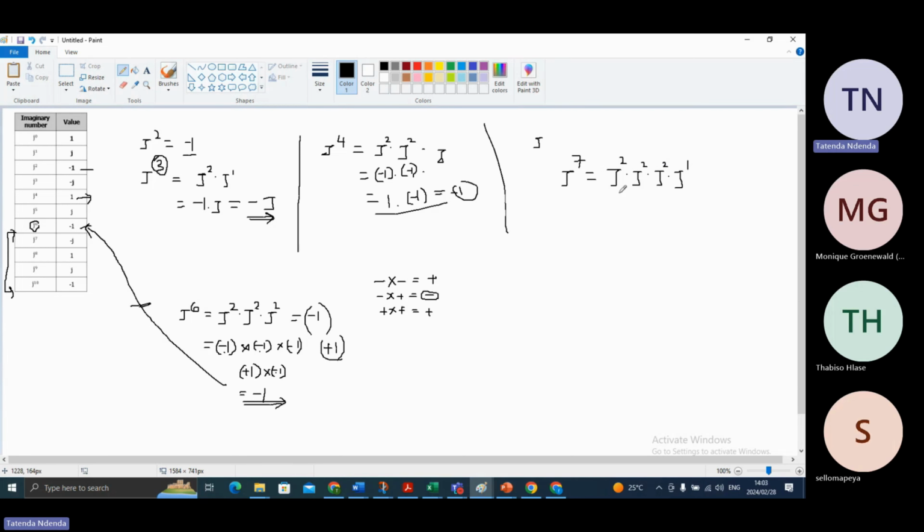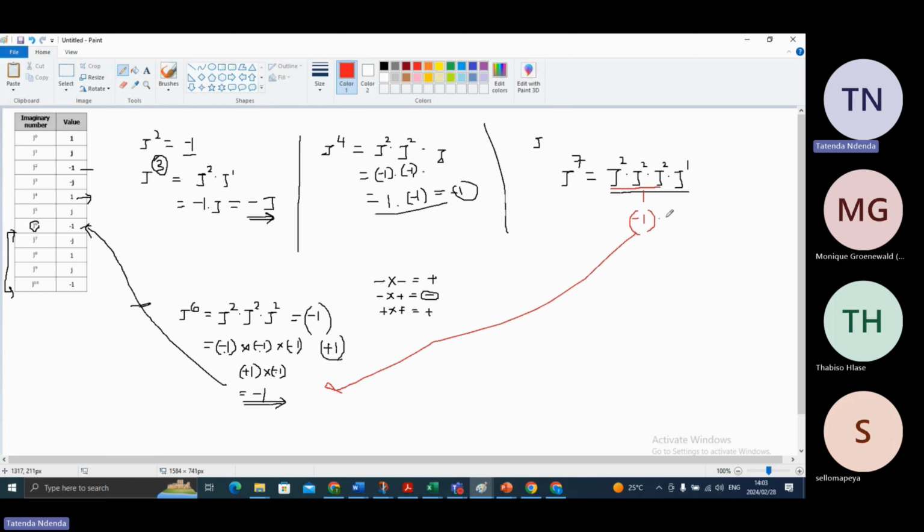So we know that up to here, let me just take a red pen, we know that the answer is negative 1, right? Because it's the one that we got here.